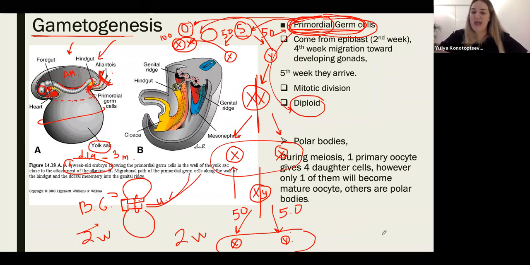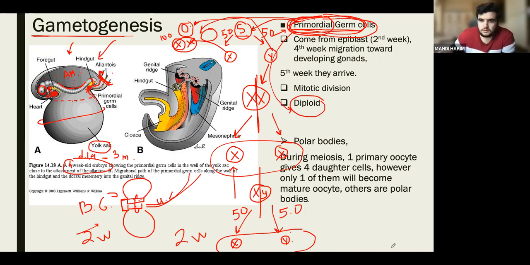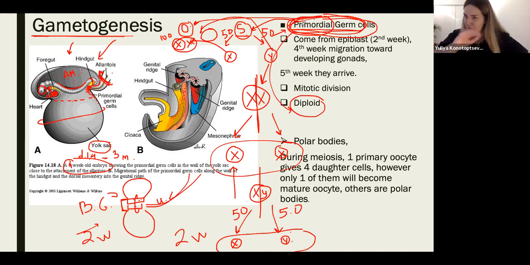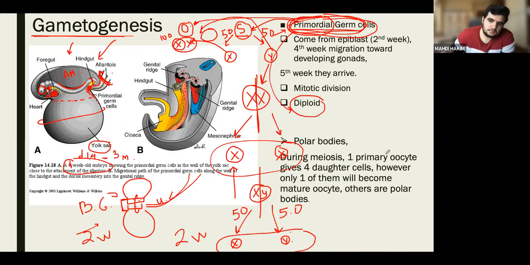Remind me, where do gametes come from? From the primordial germ cells, PGCs. Are primordial germ cells haploid or diploid? Diploid.